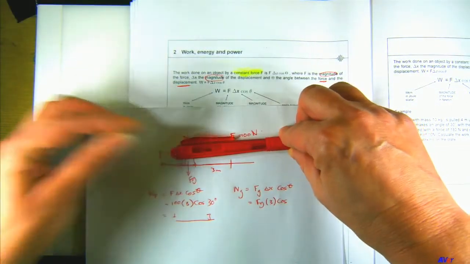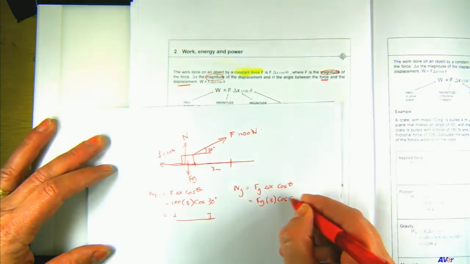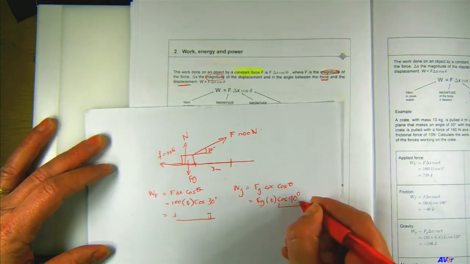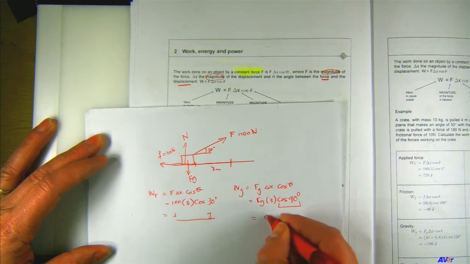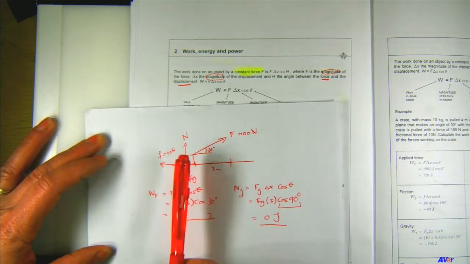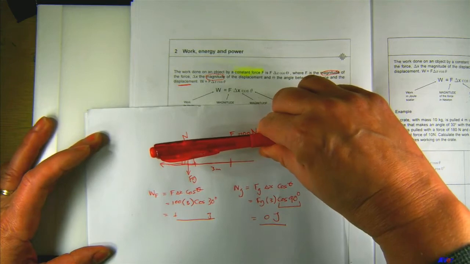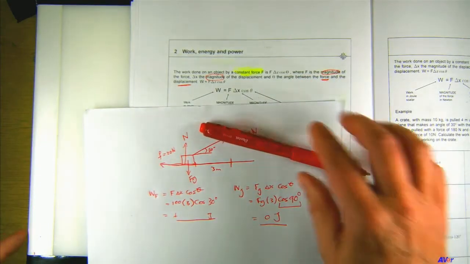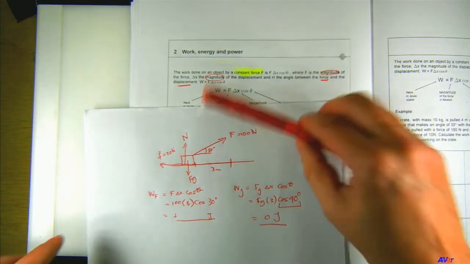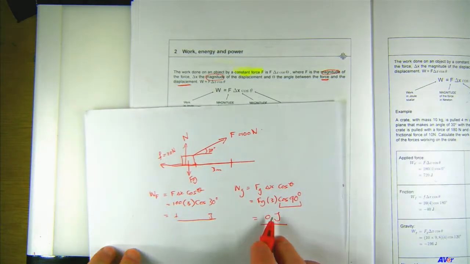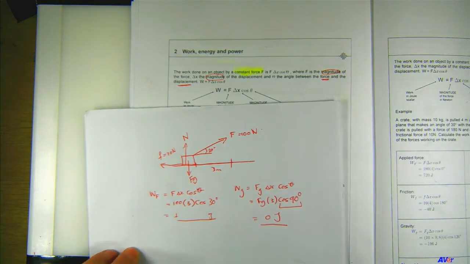How far am I turning? 90. And what do we know about cos 90? It's 0. So whenever you have a force that is perpendicular to the displacement, immediately the work done by that force is 0. Right. And remember, don't just write 0. You still write 0 joule. Just remember to keep writing the joule.